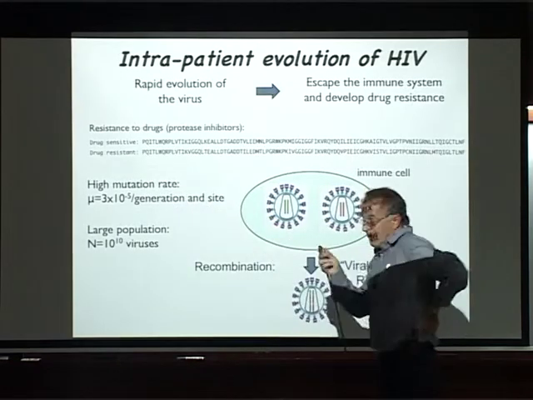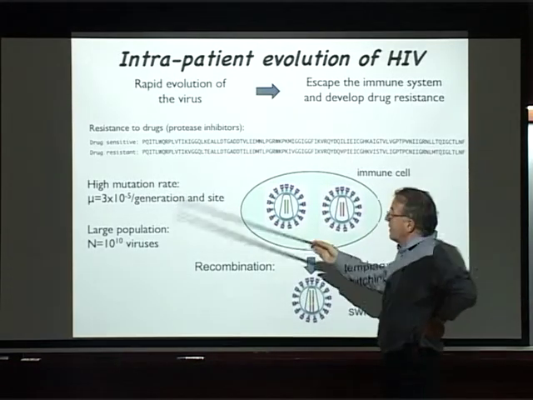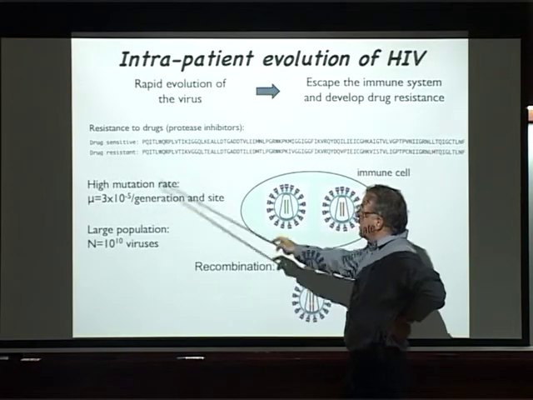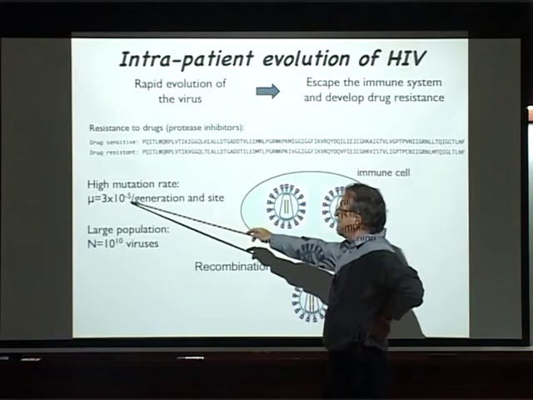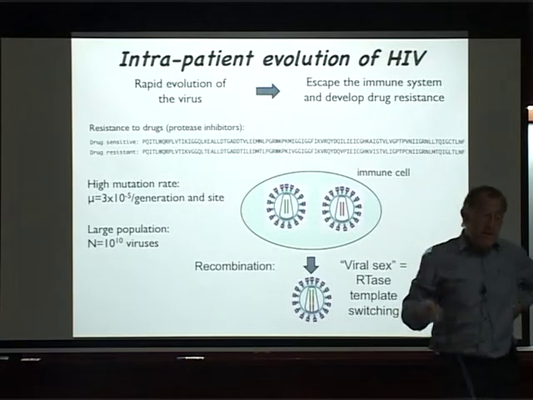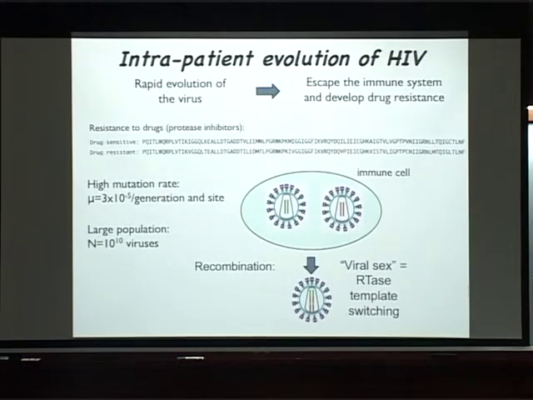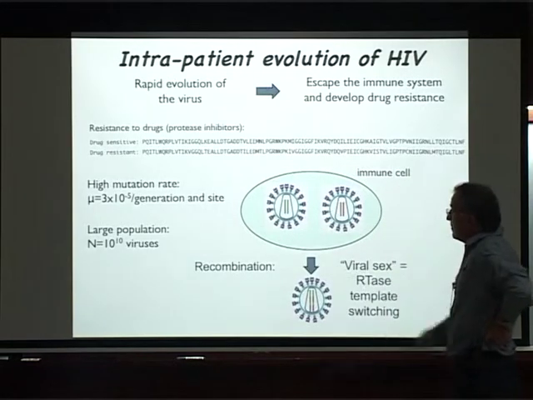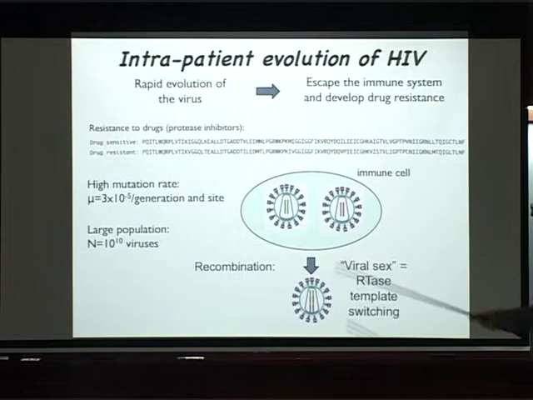And this is actually very important because HIV is an RNA virus, so it has a very high mutation rate. Basically 3 times 10 to the minus 5 per base pair per generation. The length of the HIV genome, I think, is 4 times 10 to the 4, right? 40 kb. So that basically works out to a few tenths of a mutation per genome per generation.